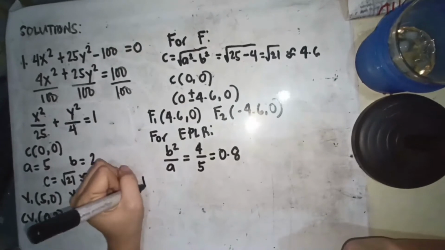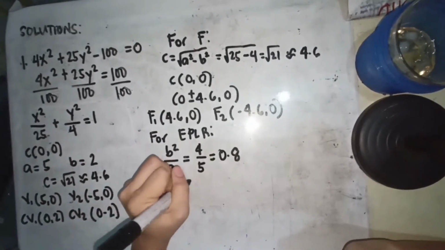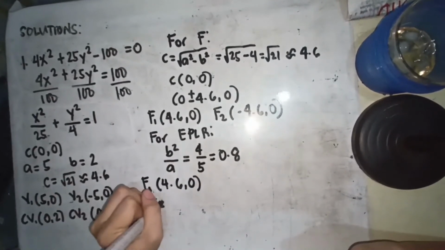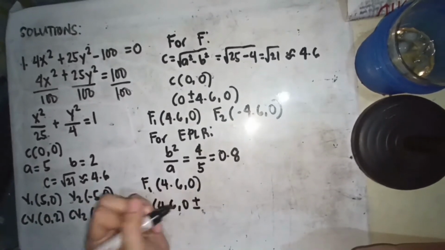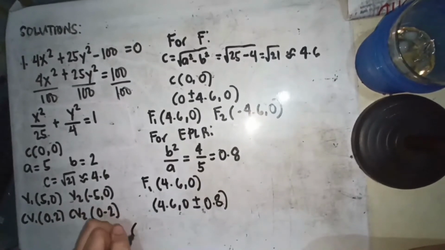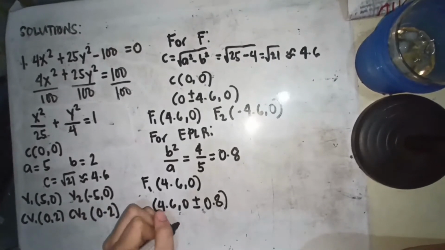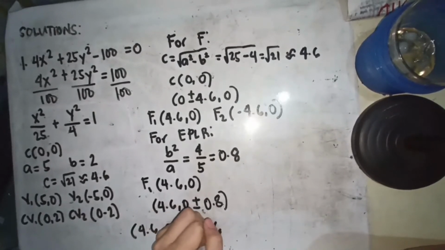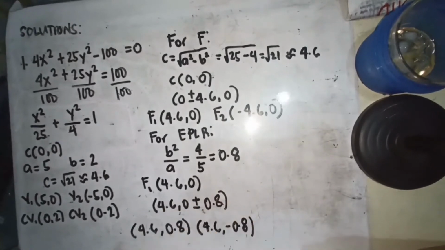So from the focus, ang y coordinates ang plusan ug minusan nato og 0.8. So for the first focus, we have 4.6 and 0 plus minus 0.8. So the first endpoint will be 4.6 and positive 0.8. We also have 4.6 and negative 0.8. Okay.